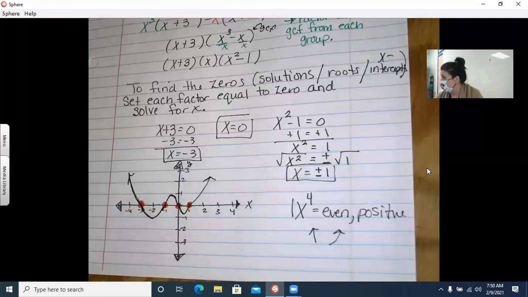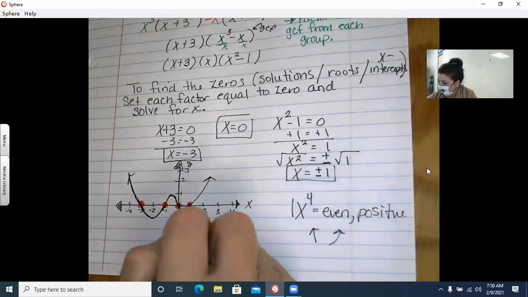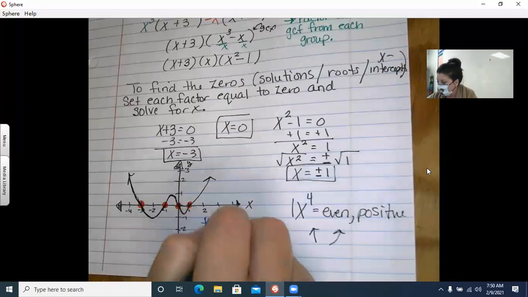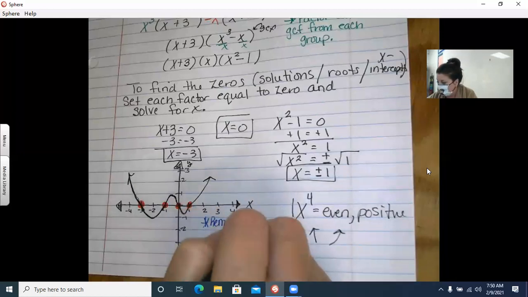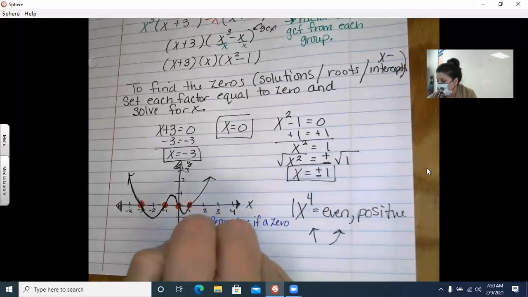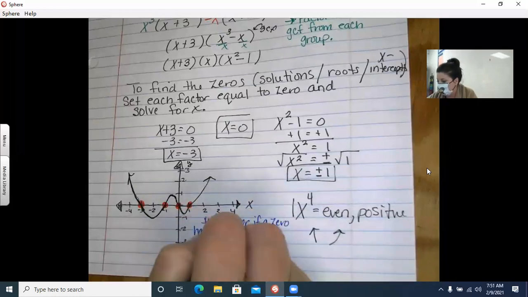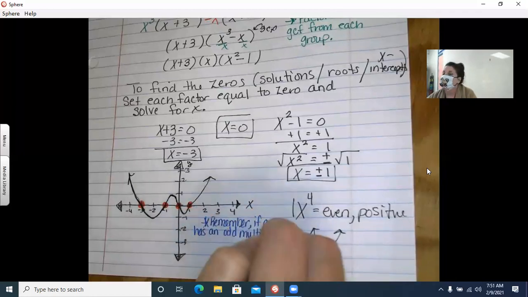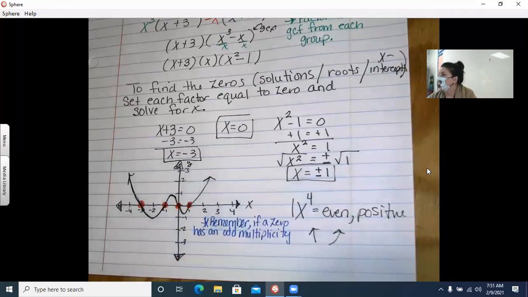So we do need to write a little something about how we know if it bounces. I'm kind of out of room, so I'm going to write down here. Remember, if a 0 has an odd multiplicity, and if you're still confused about what I'm talking about with multiplicity, go back to the previous 2 lessons that I taught before I was absent for 2 weeks.